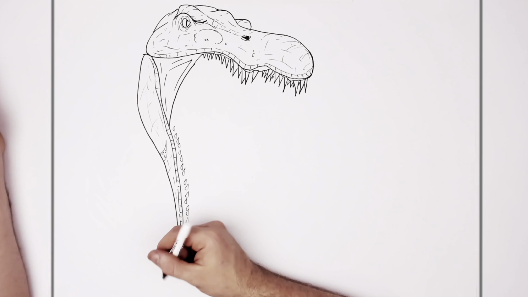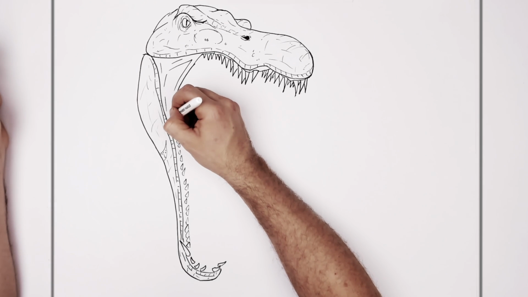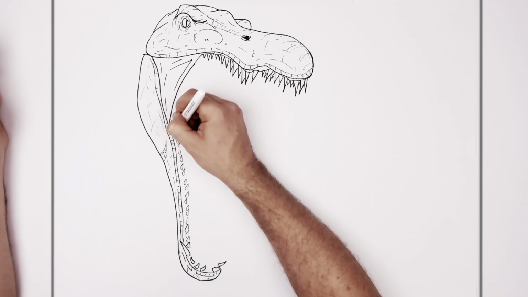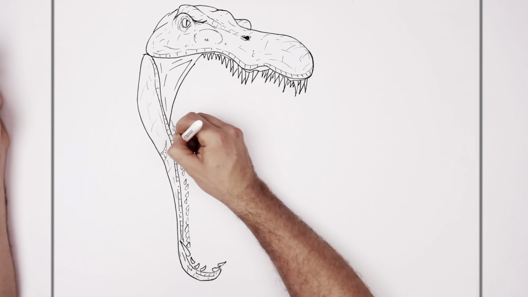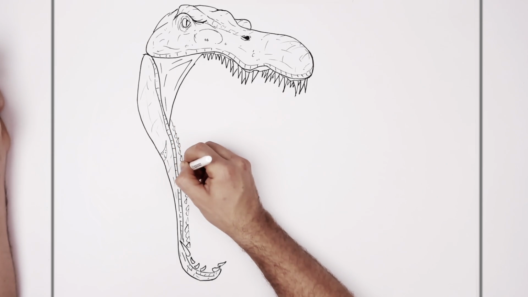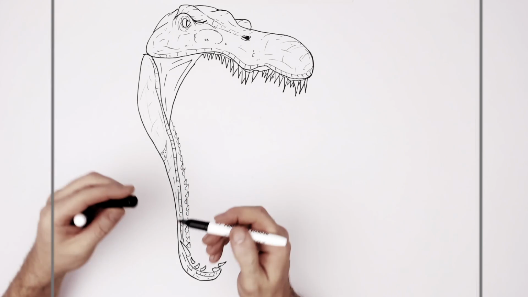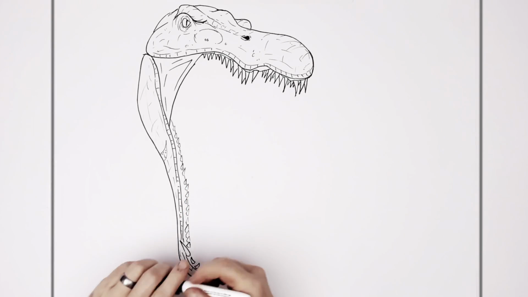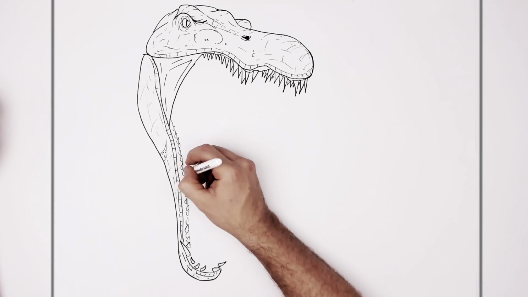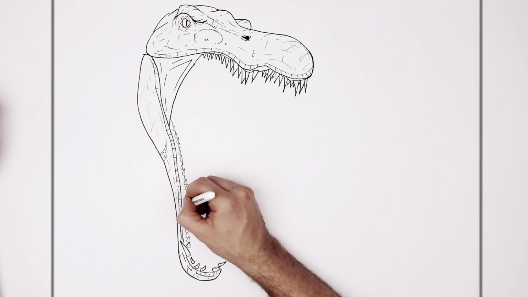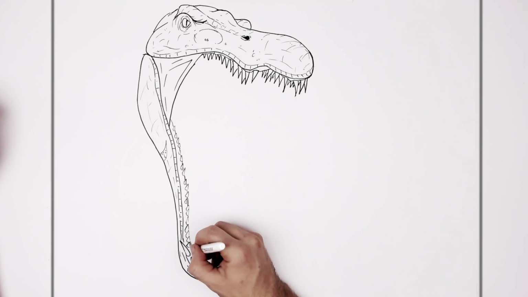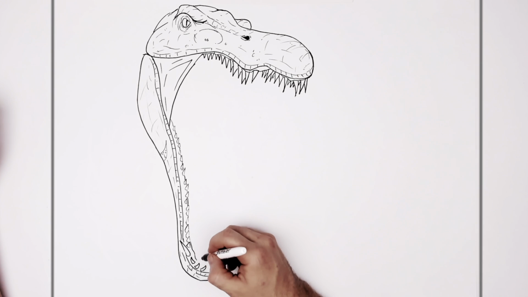Right? And then in between each of these, we have the line for his gum. So you just do a little sort of broken line that comes down in between all this stuff. All down here, and I think it bumps its way around here as well.